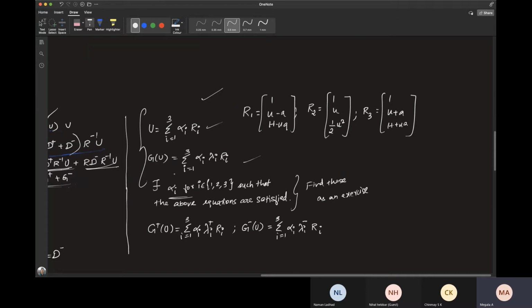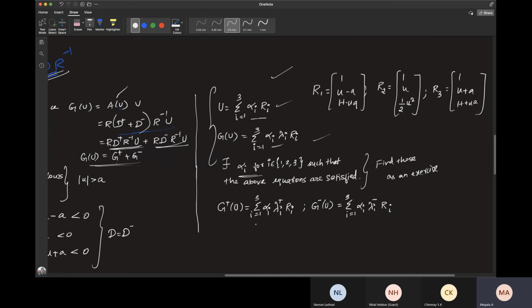So once you find alpha I, these are going to be some variables only, scalars. So you only do a scalar multiplication over here. After you find alpha I, finding G plus and G minus doesn't require any more matrix multiplication. You have this Ri vector, and alpha and lambda I plus are going to be just scalars.